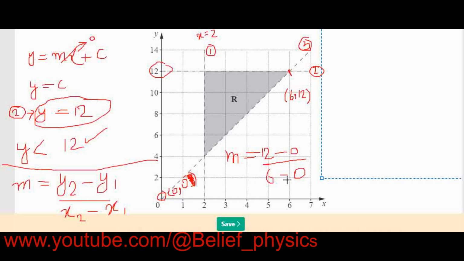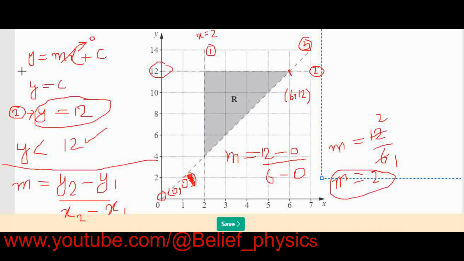So m is 12 minus 0, which is 12, over 6 minus 0, which is 6. Simplifying 12 over 6, we get m is equal to 2. The gradient for line 3 is 2.